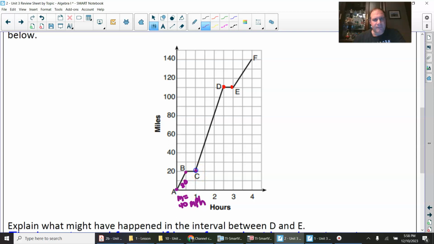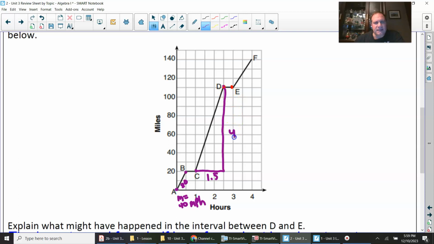There. From here to here, you can actually do the rise over run. So you could see that this is 1 to 2.5. So that's 1.5. And then you could say that's 20, 40, 60, 70, 80, 90.